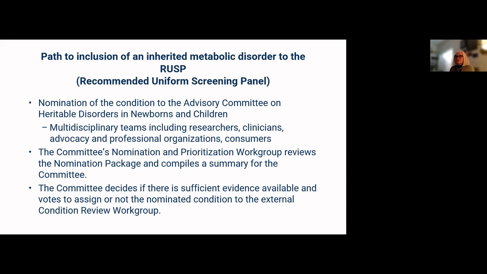This is because you need to provide all the evidence necessary to the committee to make a decision, to evaluate whether this condition is really meeting all the criteria to be included. And again, that's where having a partnership with all the players involved is very, very important.